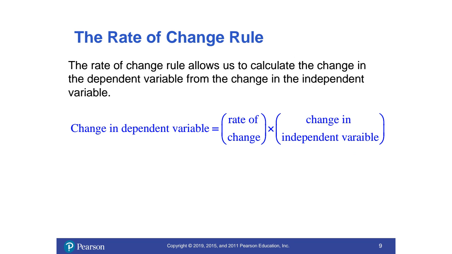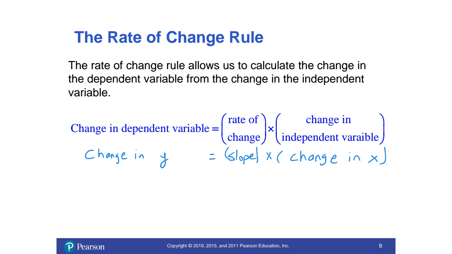Remember, we usually use y's for the dependent variable. So this is the change in y is equal to the rate of change, the slope, multiplied by the change in x.